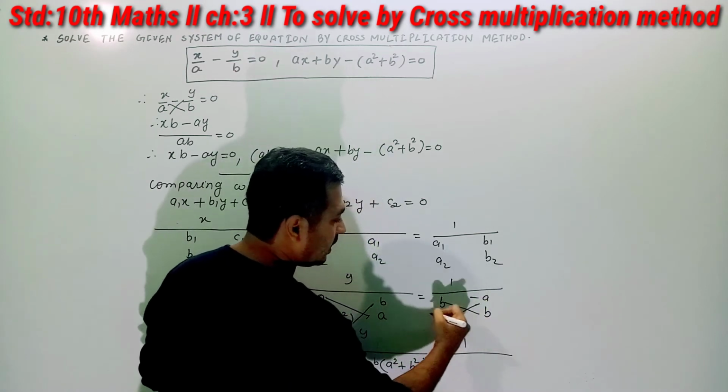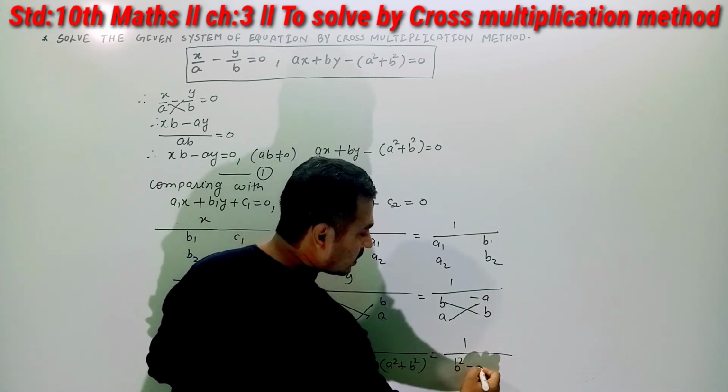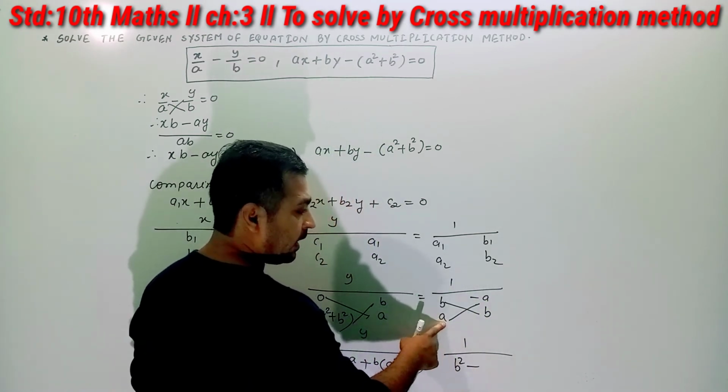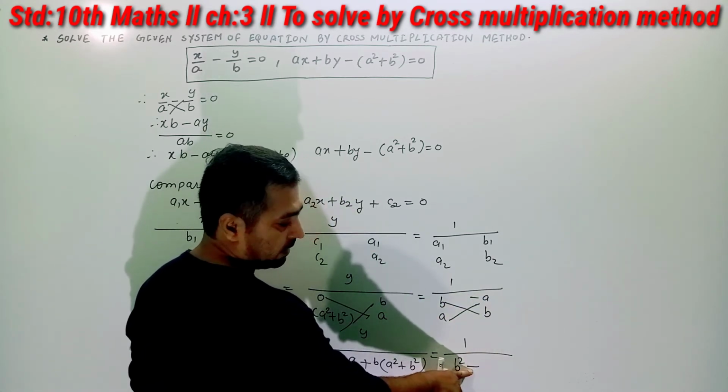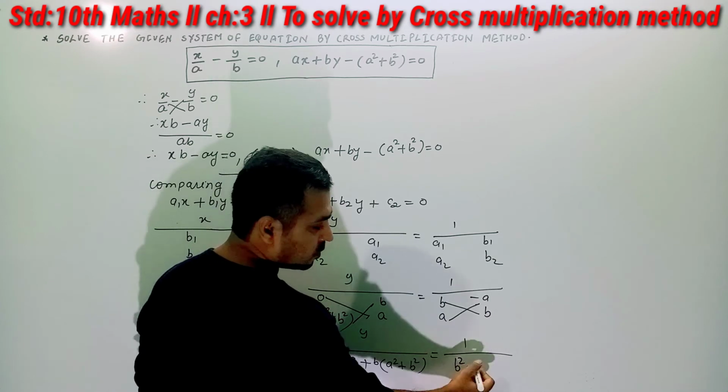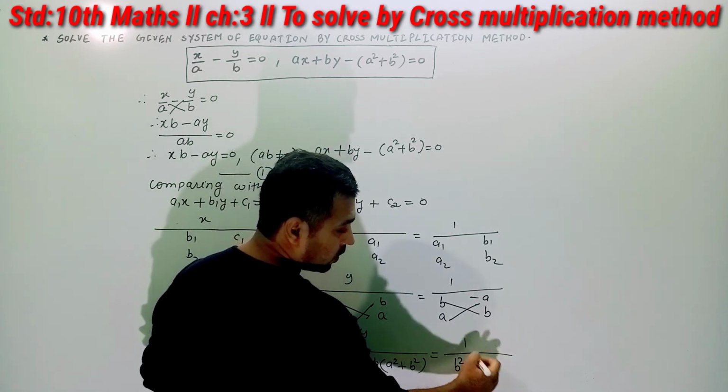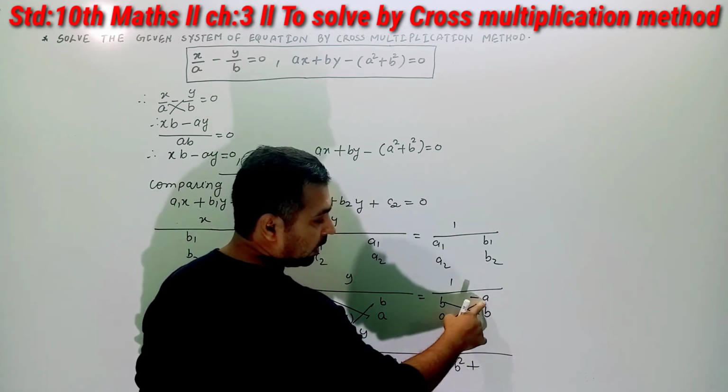Then 1 upon b into b, b square, minus a into minus a, which will be plus a square.